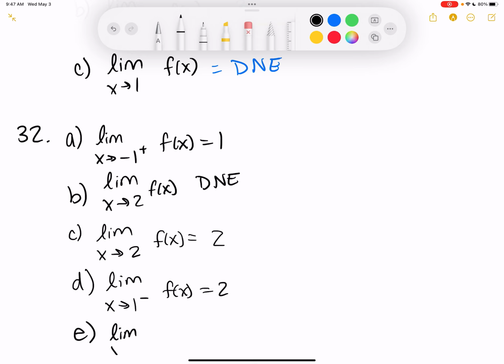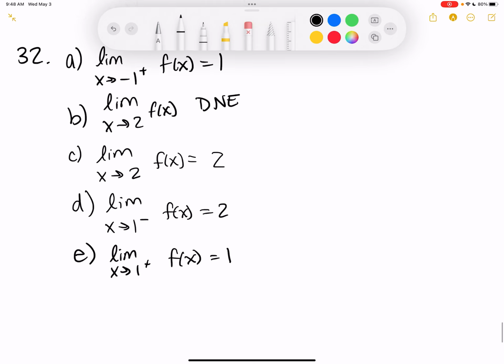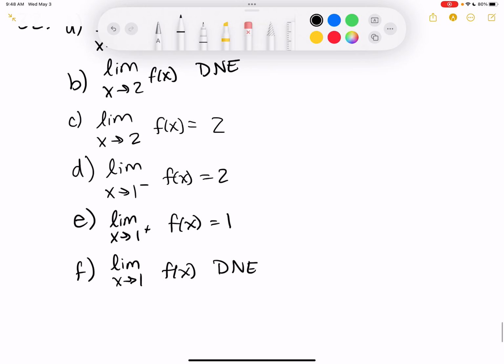The limit as x approaches 1 from the right of f of x is equal to 1. The limit as x approaches 1 of f of x does not exist. And the limit as x approaches 0 from the right of f of x is equal to the limit as x approaches 0 from the left of f of x.